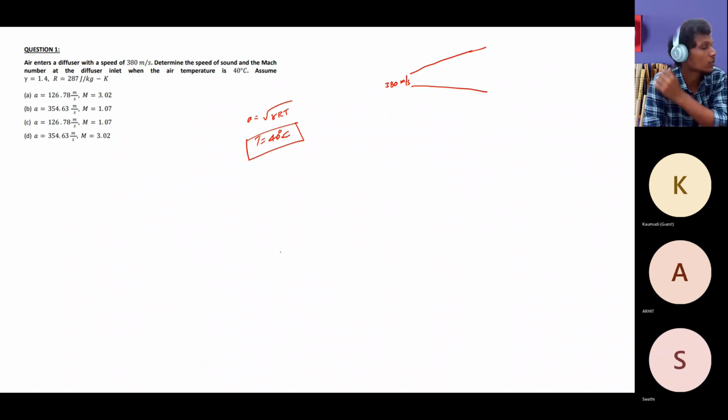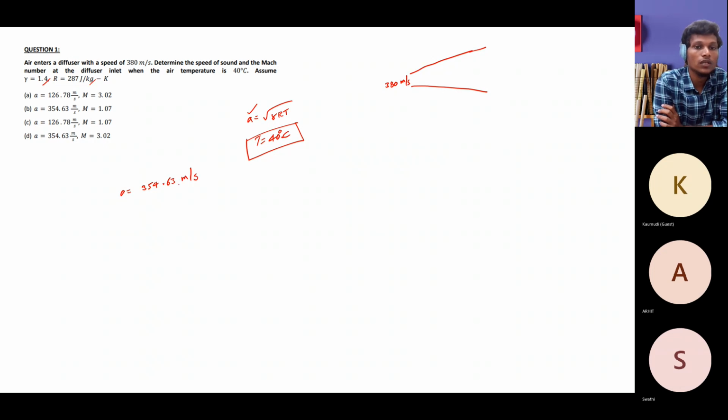So it has to be in Kelvin format, and we should substitute that temperature in Kelvin only. R is defined for Kelvin only, and gamma is non-dimensional. Given that we have gamma and R, that will solve for the sound velocity.